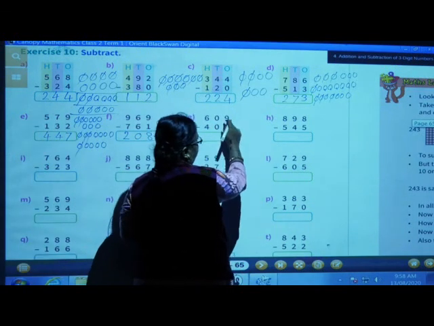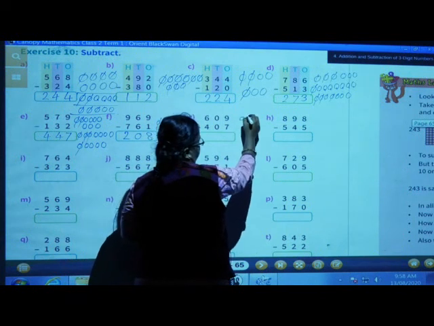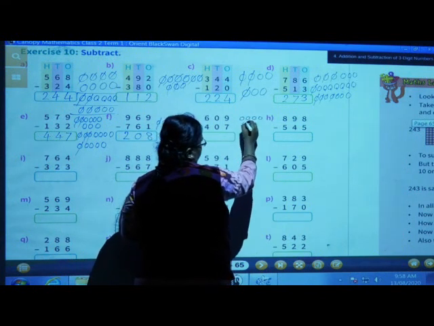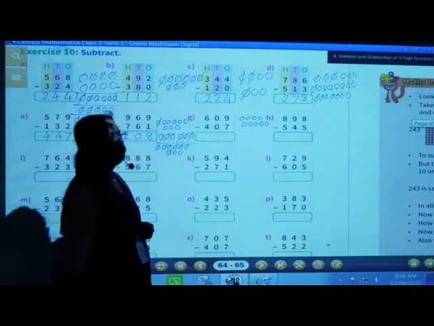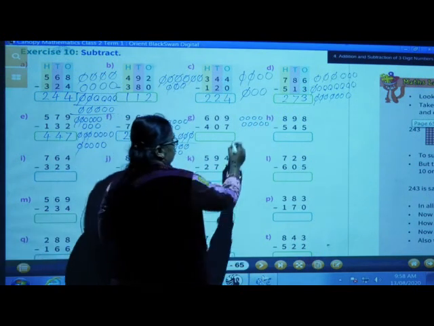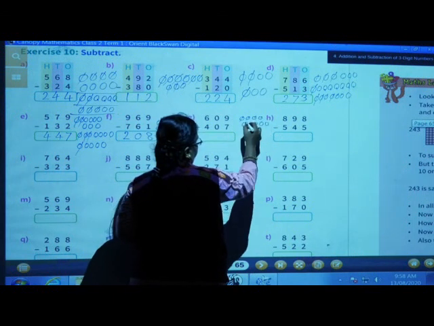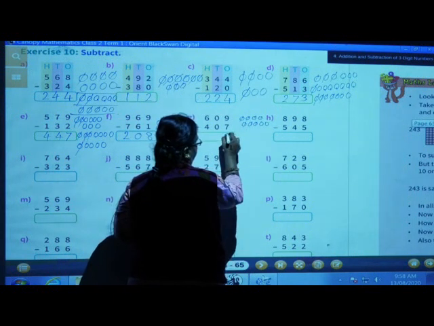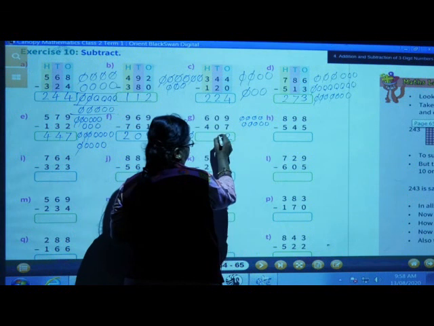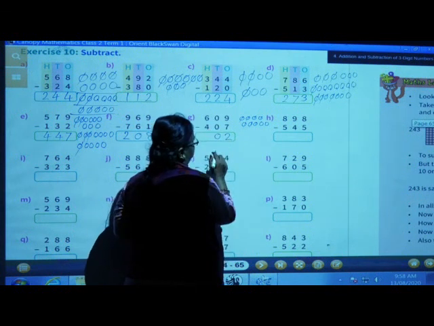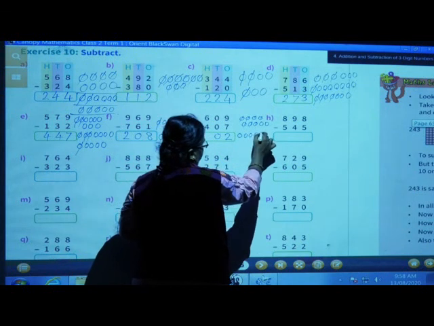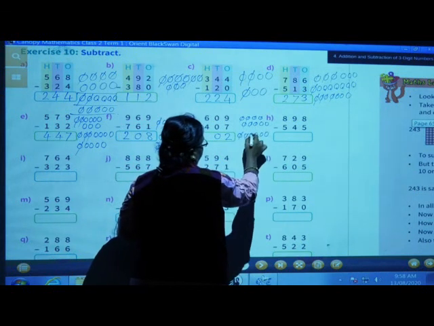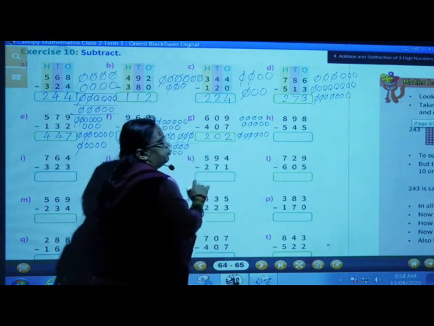Then 0 minus 0, 0. 6 minus 4. 1, 2, 3, 4, 5, 6. Cut 1, 2, 3, 4. 2 remain.